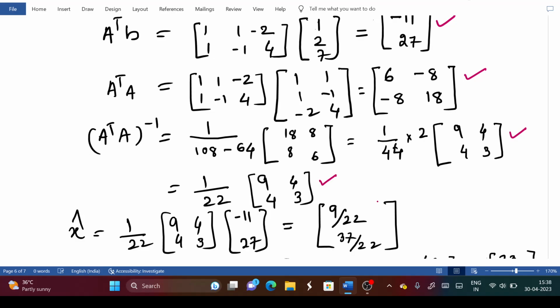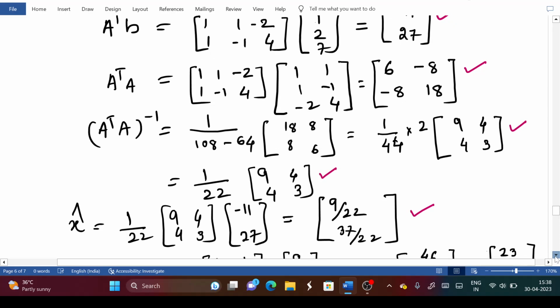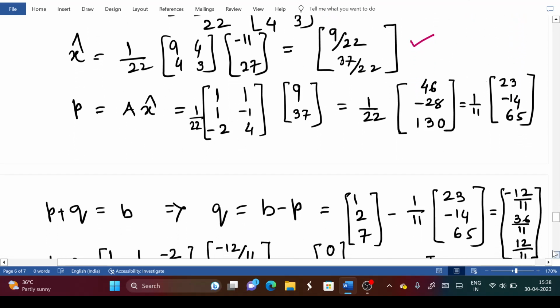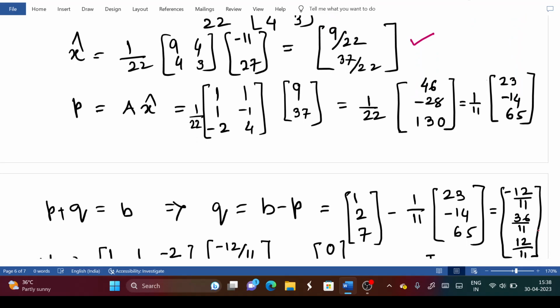Substituting all those values, we got our x cap as this much. Once our x cap is there, P is A x cap. Here this is x cap, with the scalar quantity taken outside. So this is my A, this is my P. Finally we are getting this as the projection P.